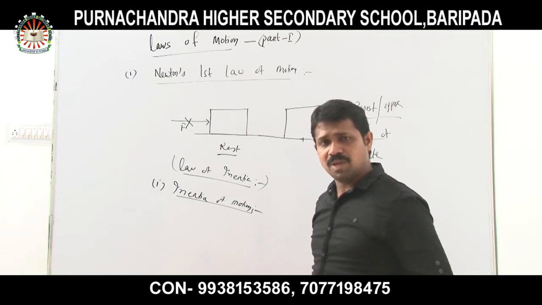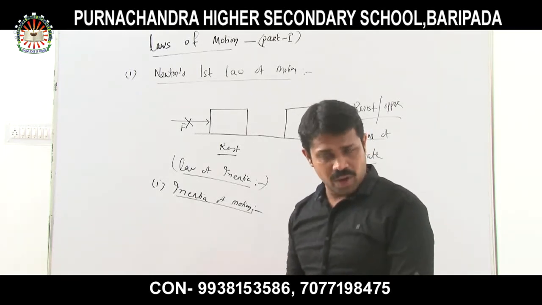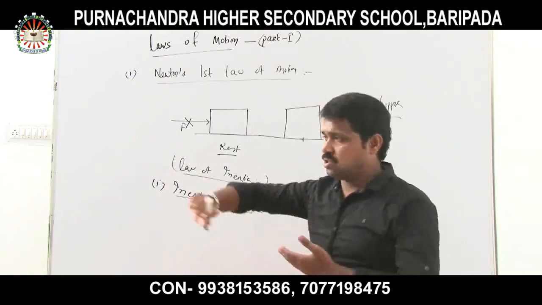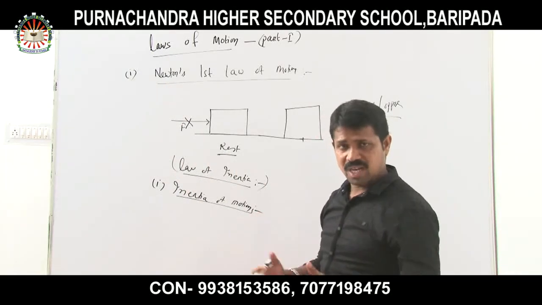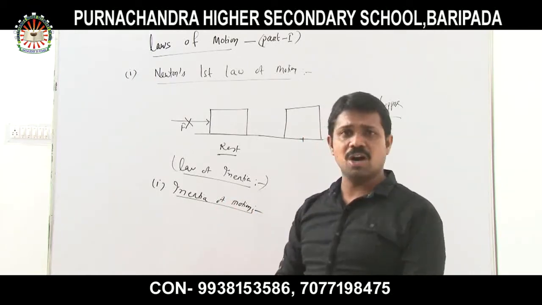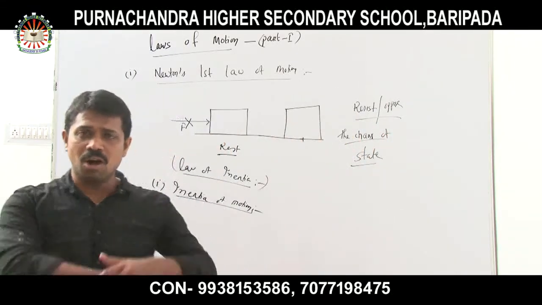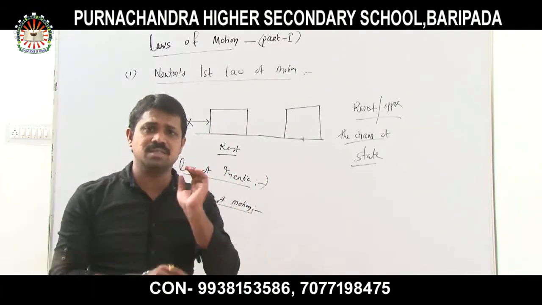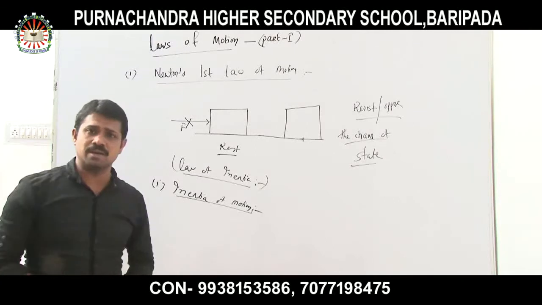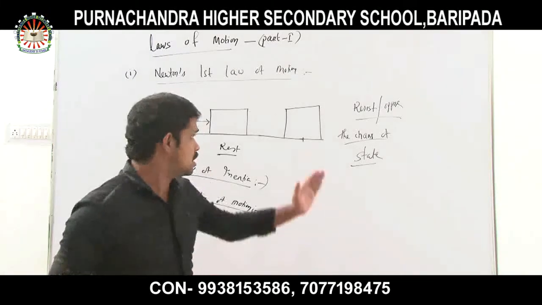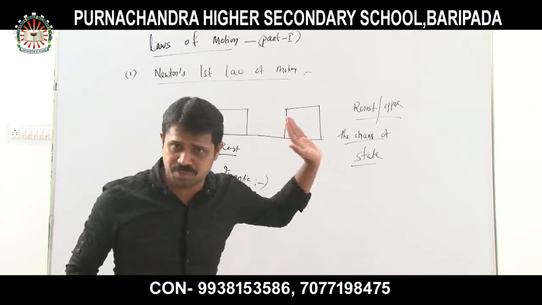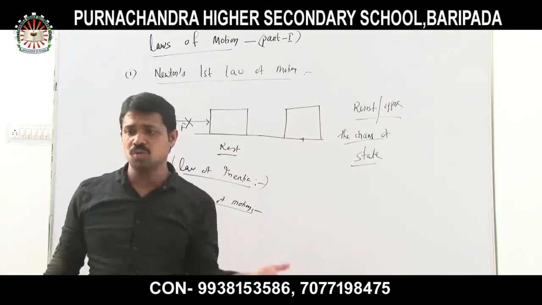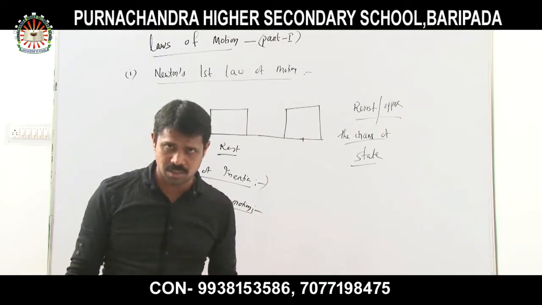Because the lower part of the body stops with the bus, whereas the upper part of the body continues to move. That is called inertia of motion. All these phenomena I have given as examples have inertia as the reason behind them. Inertia is nothing but resistance. It will resist or oppose the change of state. Change of state means from rest to motion, or from motion to rest.